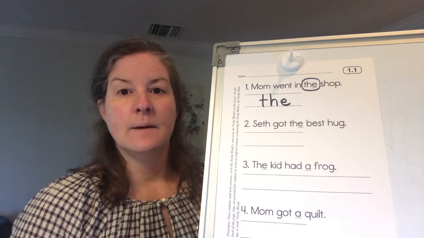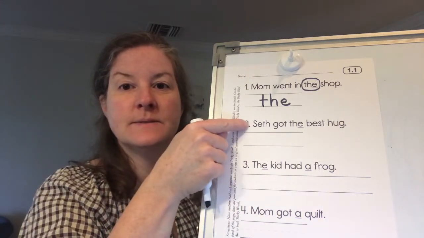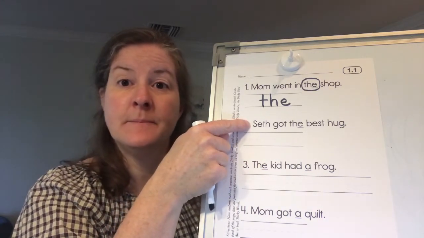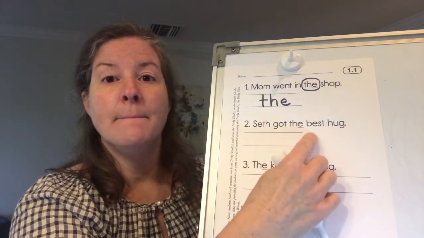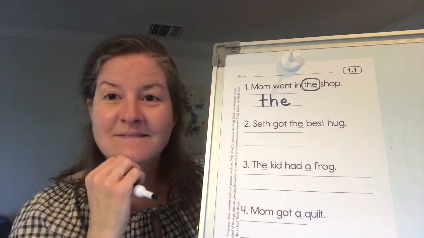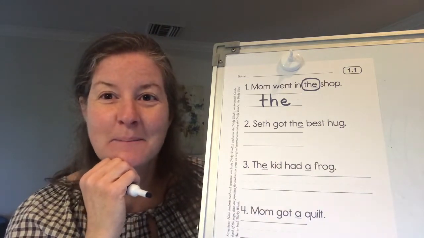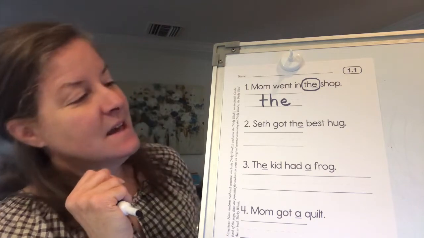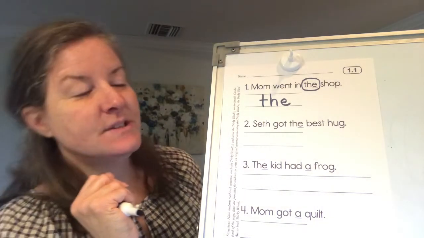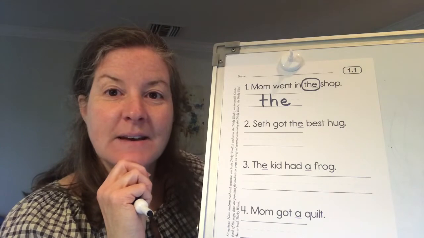Okay. Now we're going to look for the word in here. Let's read this one. This is about a boy named Seth. Seth got the best hug. I wonder who we got that best hug from. Seth got the best hug. What's the tricky word in that sentence? Do you see it?